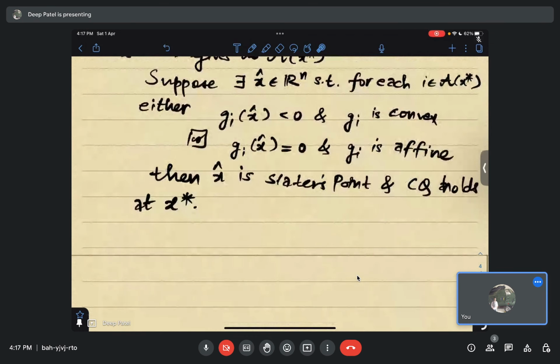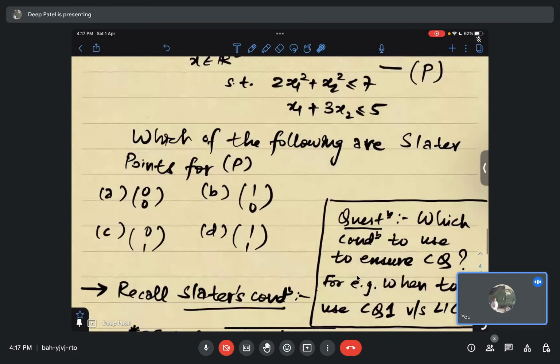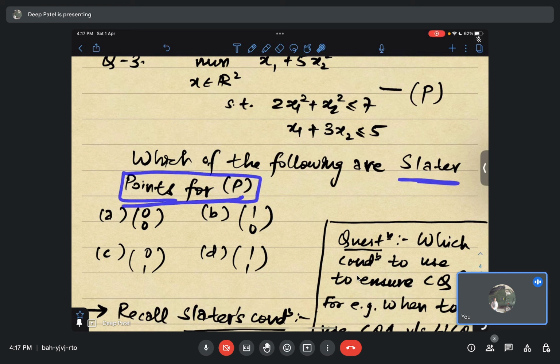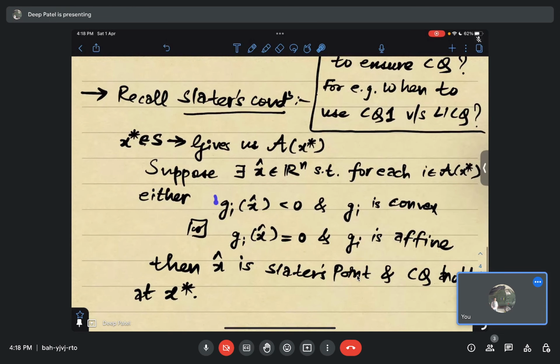Okay. So the question is not asking for us... we are not given a candidate point x star. That's what I'm trying to say. Instead, we are just looking for what the possible Slater points are, given these constraints. Because for this condition, I could check each and every constraint, depending on whether it's convex or affine.